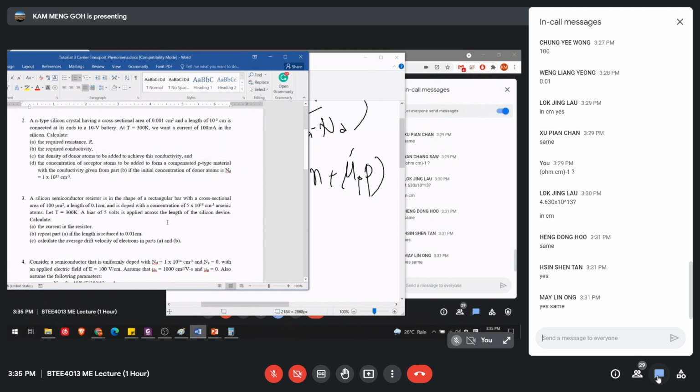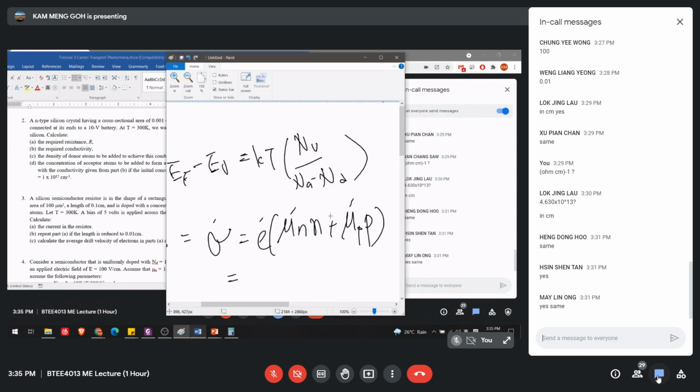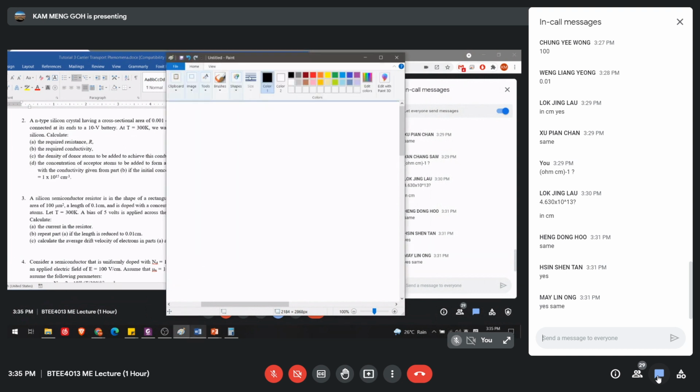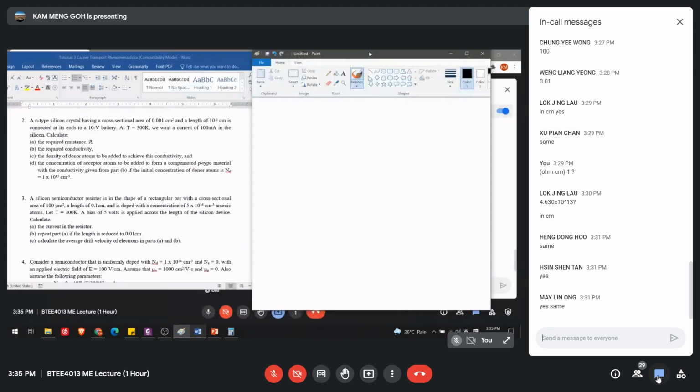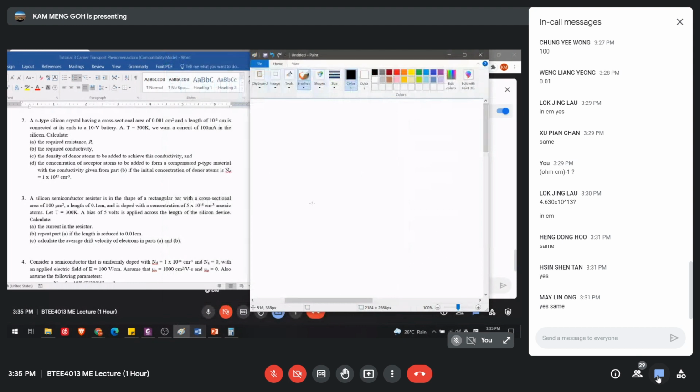A silicon semiconductor resistor is in the shape of a rectangular box. The area A is equal to 100 micrometres squared, the length is 0.1 cm.